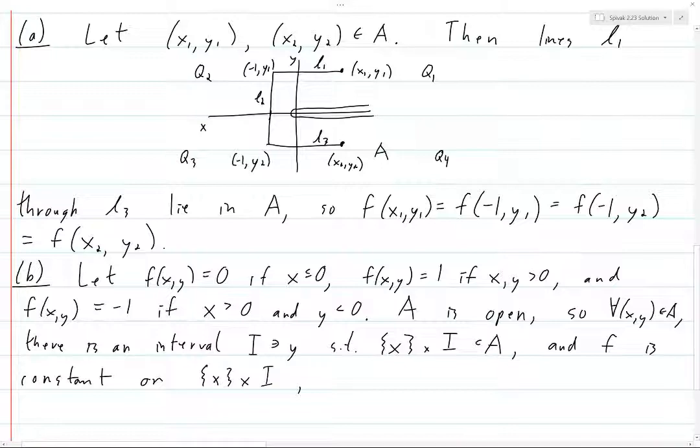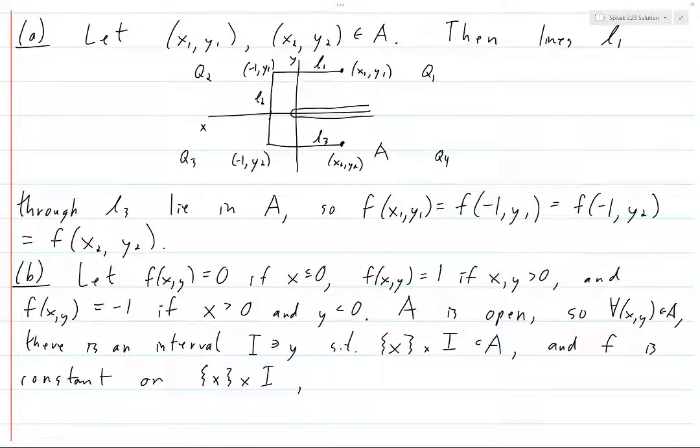And if x is less than 0, then it doesn't matter, because I could either lie in Q2 or in Q3 or intersect both of them, and f is constant on both of them. f is 0 on both of them, so it doesn't matter.